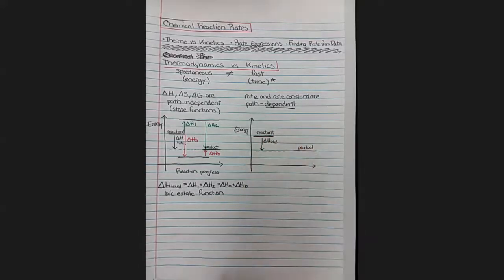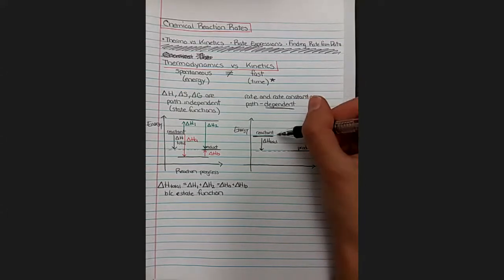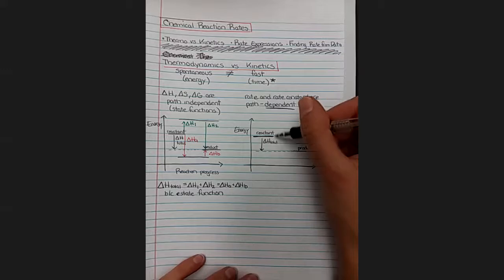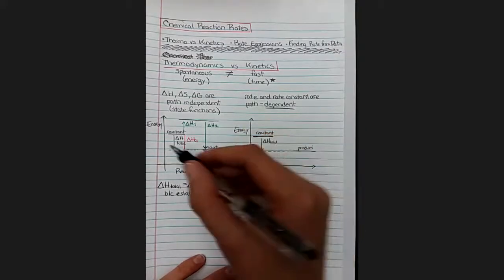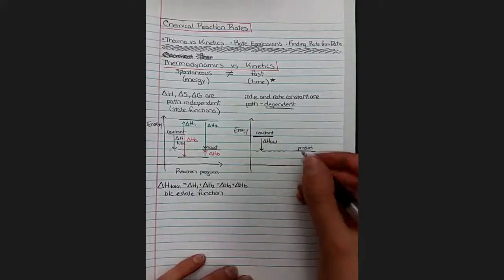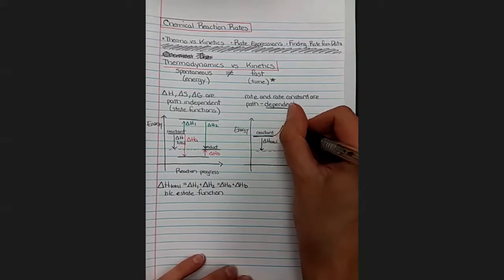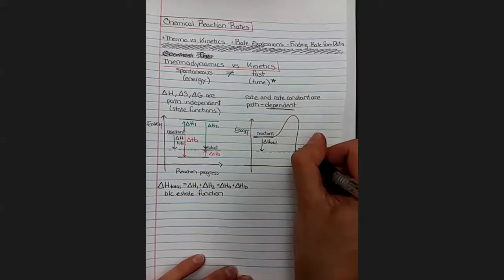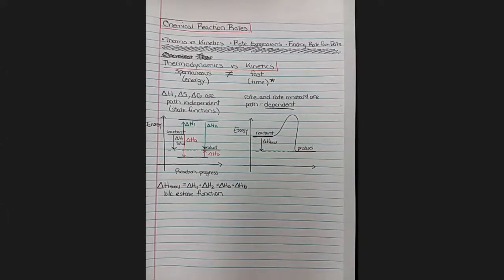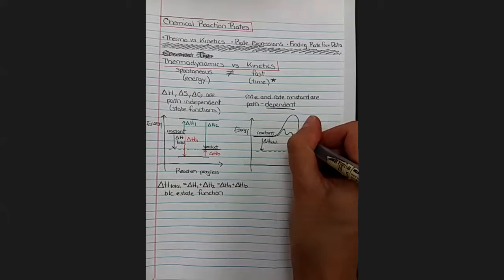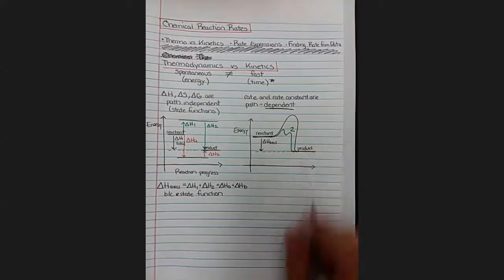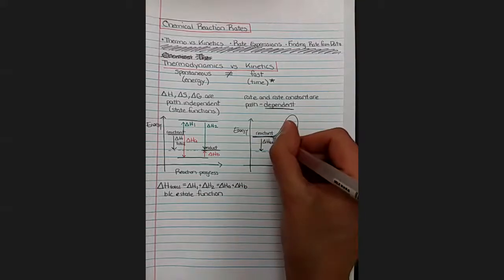So the delta H doesn't matter how we get there, but in kinetics, we're going to start drawing energy curves that represent what happens in this middle area, reflecting that the path could be different depending on how we do the reaction. So we could draw a path that looked like this, or we could draw a path that looked like this, multiple bumps in it. We'll call that one number 2. Or we could draw a path that looks like this.